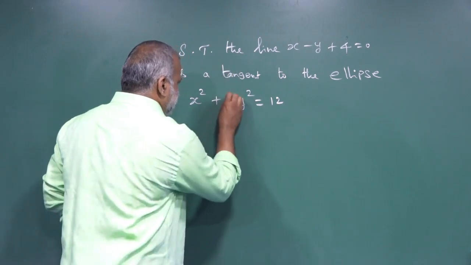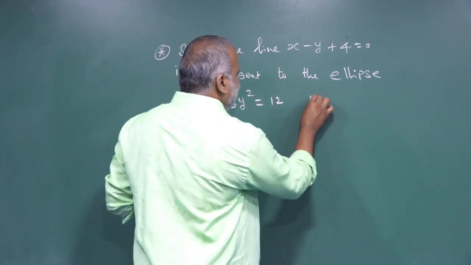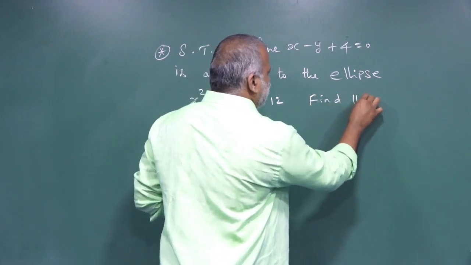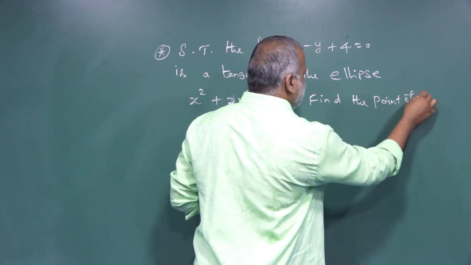Sorry, it is 3y squared equal to 12. Find the point of contact.